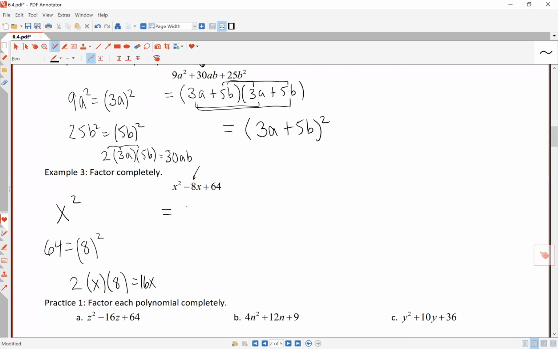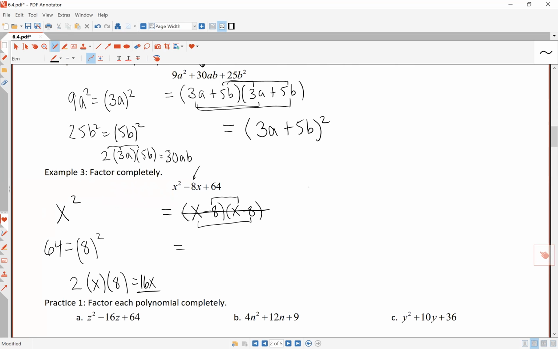This is a problem. If we tried to do x minus 8 times x minus 8, we would get negative 8x minus 8x, which would be the negative 16x. So that means this is not equal to x minus 8 squared. This is not a perfect square trinomial.